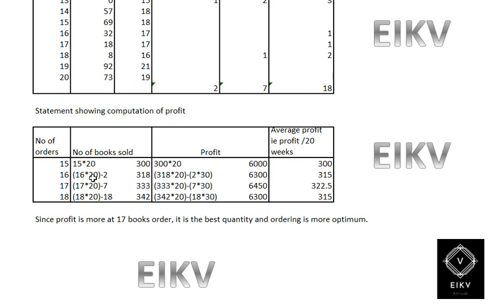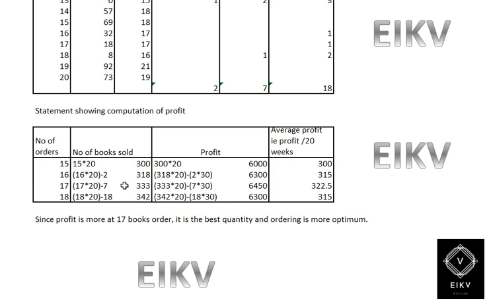Yes, so that needs to be taken over here, minus 2. Okay, then next one, when it comes to profit, it will be 318 into 20 minus 2 into 30, so there will be a loss of 30 rupees, that is 2 into 30, will give you an amount of 6300, therefore 6300 divided by 20 will give you 315 as the profit per period.